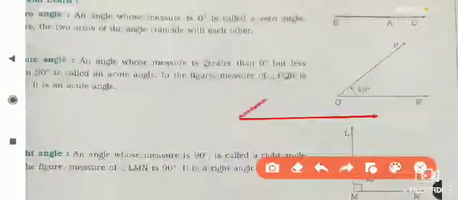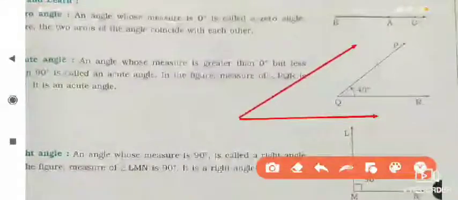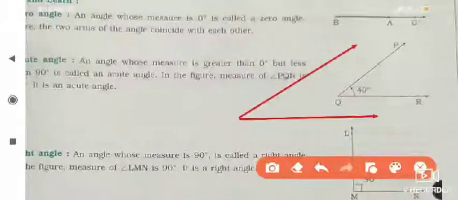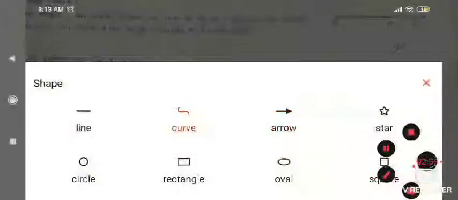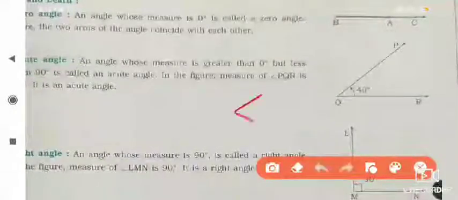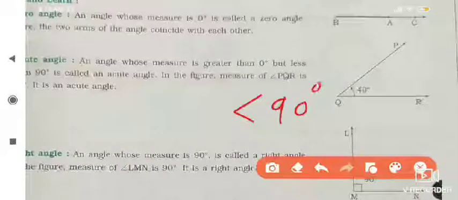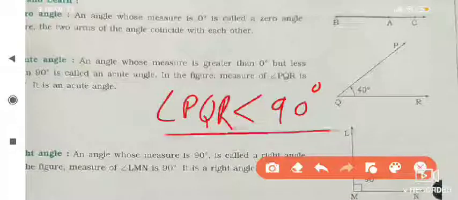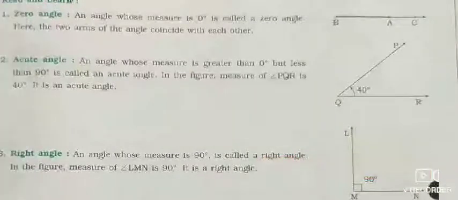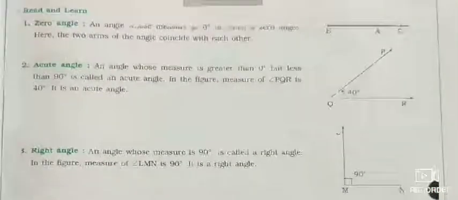Its measure is less than 90 and greater than 0 degrees. Suppose angle PQR is there, its measure is less than 90 and greater than 0, which is the measure of an acute angle.